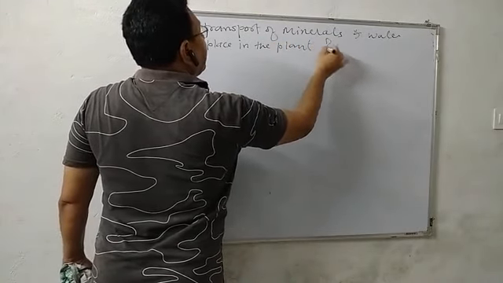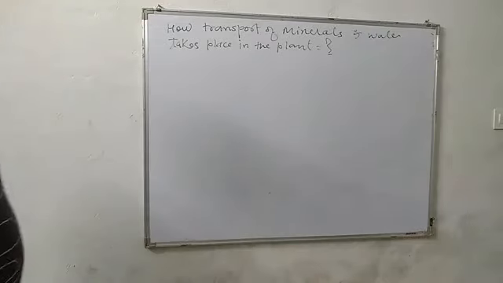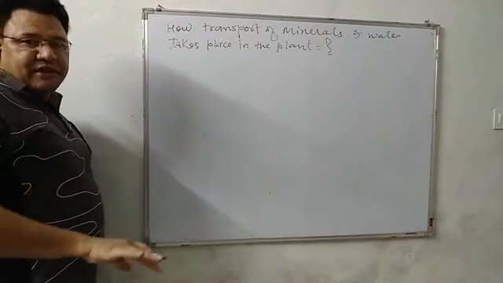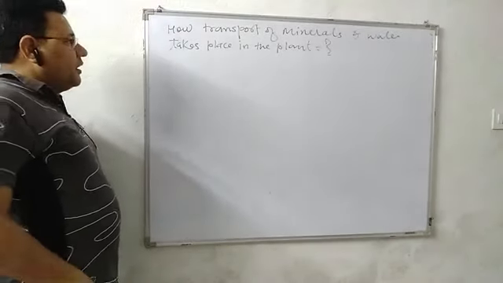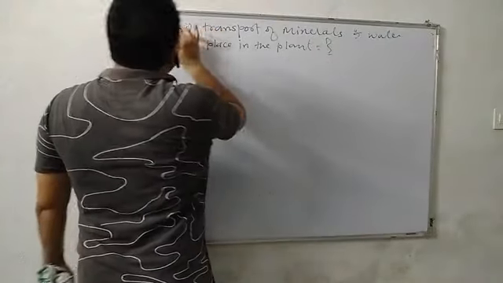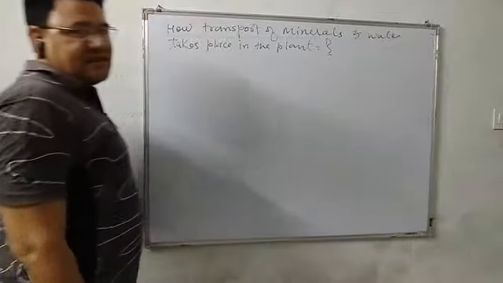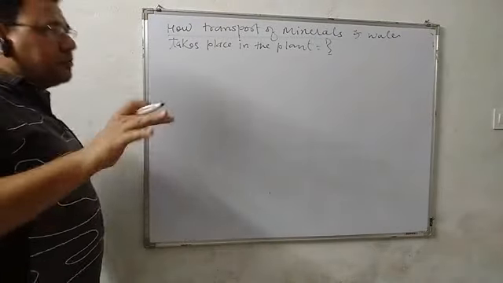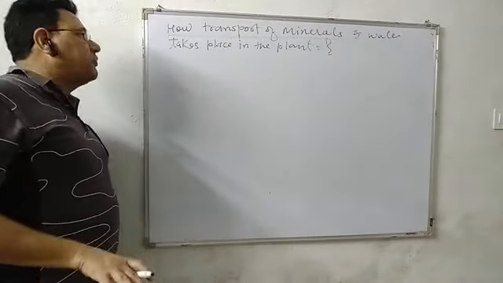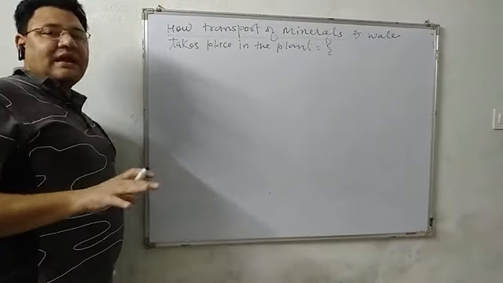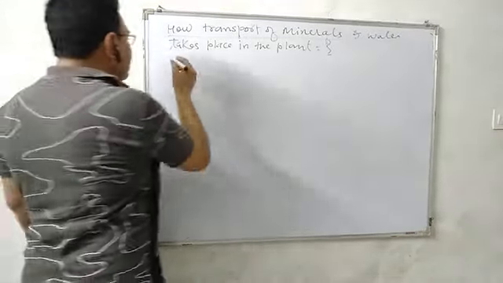This was our main matter for discussion. So as I told you previously about diffusion, I would like to discuss certain phenomena which have a supporting role in the transport of minerals and water in the plant. Number one is diffusion.